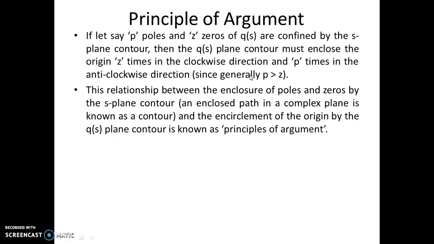Generally, the number of poles should be greater than the number of zeros. This relation between the enclosure of poles and zeros by the S-plane contour and the enclosed path in the complex plane is known as a contour.